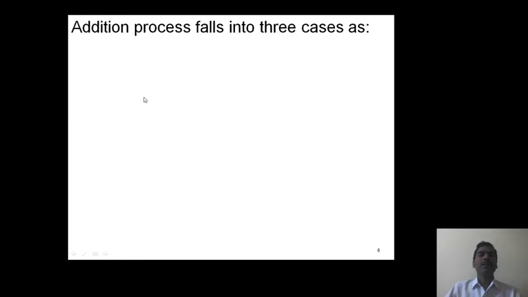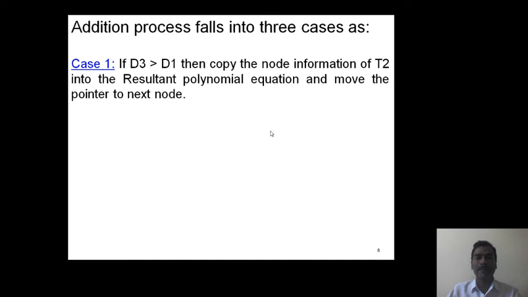Now when we apply the addition operation on these two polynomial equations, it falls into three cases. Case 1, if D3 is greater than D1, then simply copy the node information of the second polynomial equation into the resultant polynomial equation and immediately move the pointer to the next node.